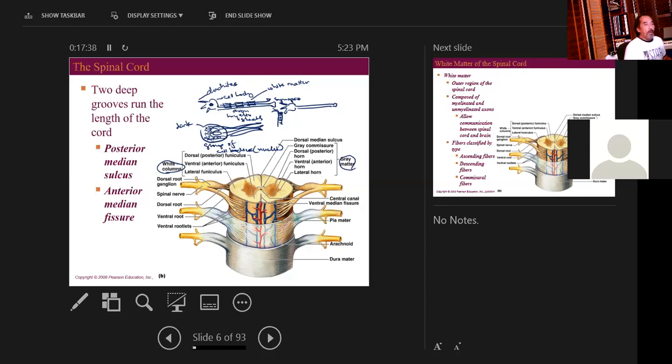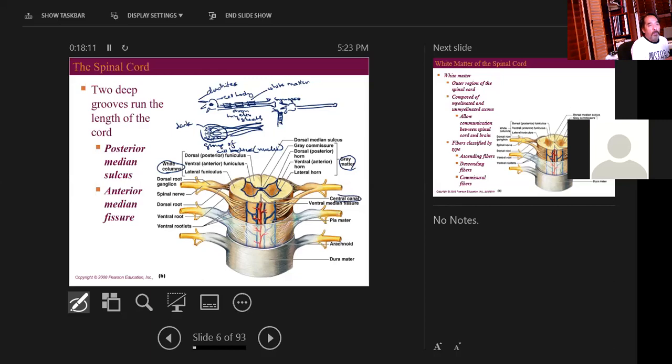If you take a look at this vertebrae and the spinal cord, I see a structure that looks like a butterfly in the center. That structure is what we call the gray matter. All of this is made out of cell bodies. In the middle is a hole, called the central canal.